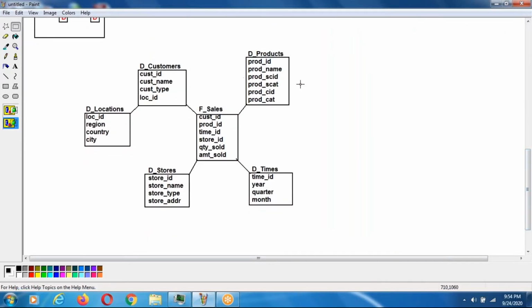Similarly, I have some tables in this format.